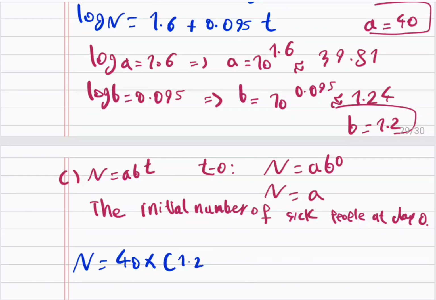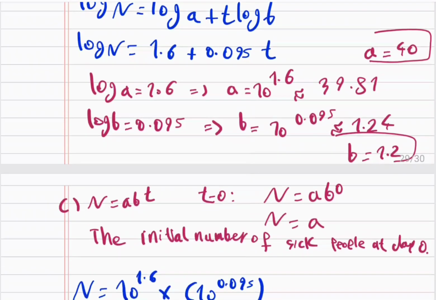Or actually, one thing that I think is more helpful maybe is to rewrite the equation in the form of exact values. Because for a, the exact value is 10 to the power of 1.6, and then b is 10 to the power of 0.095. And then remember that outside, we have ab to the power of t. So here it should be clear.